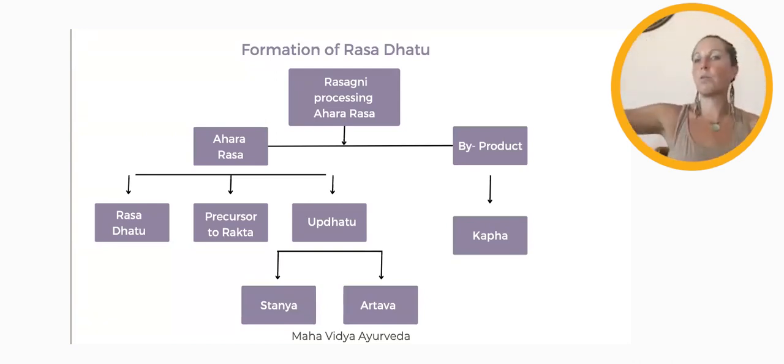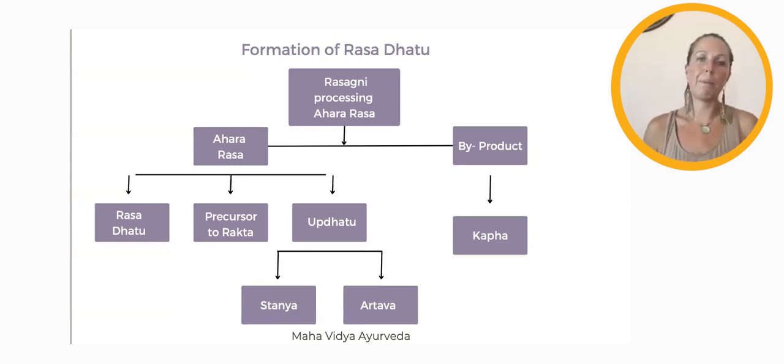And then you've got what's left over, right? That becomes more kaphic. But that essence of food has to be processed for it to become the nourishment for the tissue. And for rasa to take in the ahara rasa, that essence, it's got to be processed through rasagni.